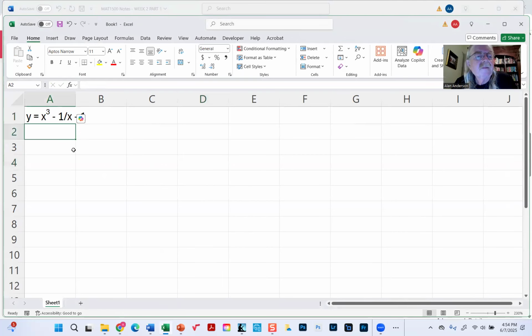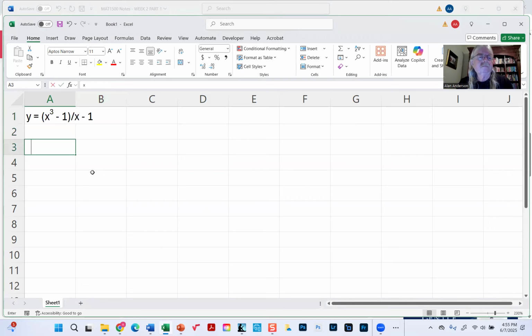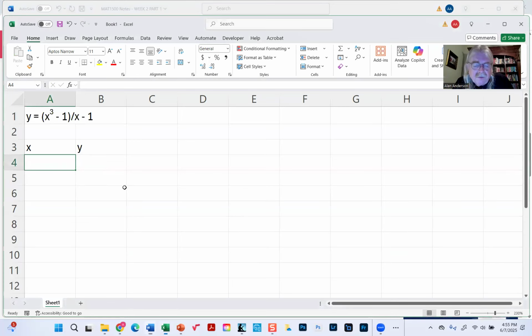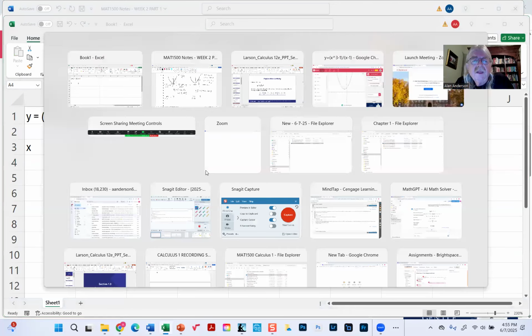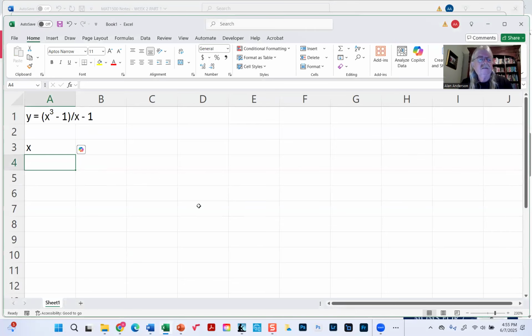All right. Oh, and I also forgot the parentheses. So because this is our function, what I'm going to do is use their values, where they have 1.75, 1.9.